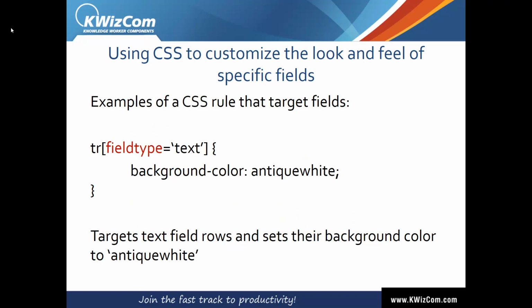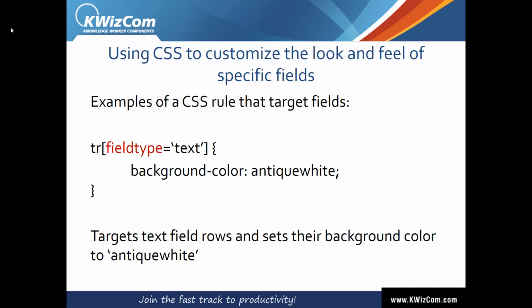Well, here's an example. This is a very simple CSS rule. It's taking a table row that has an attribute of field where the field type equals text. This CSS rule targets text field rows and sets their background color to antique white. But it's only going to do this for text fields.